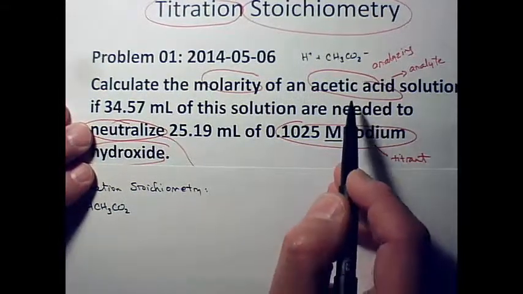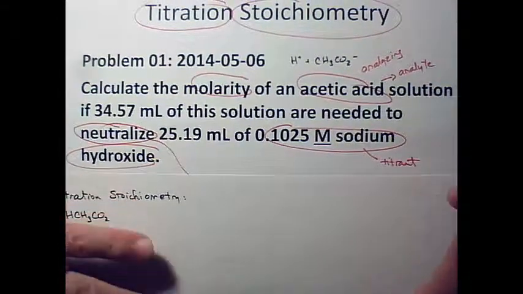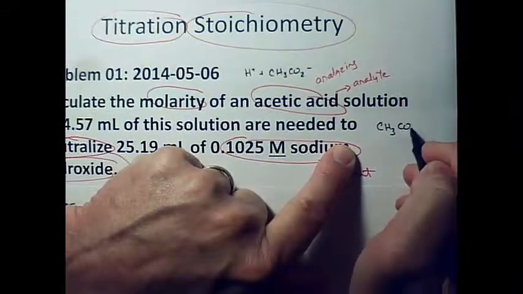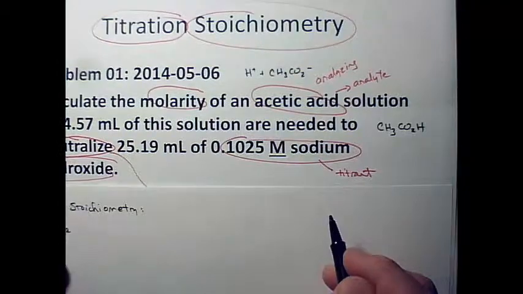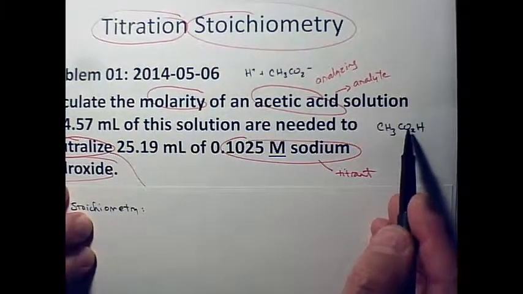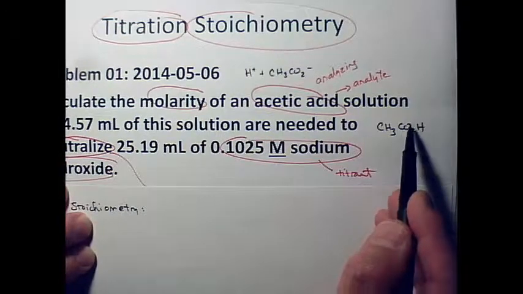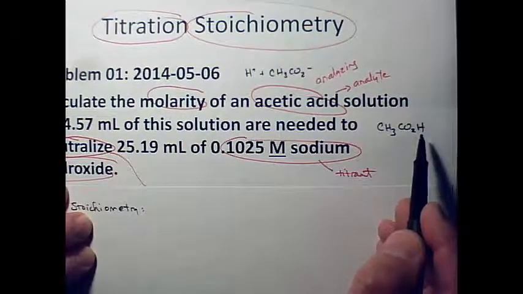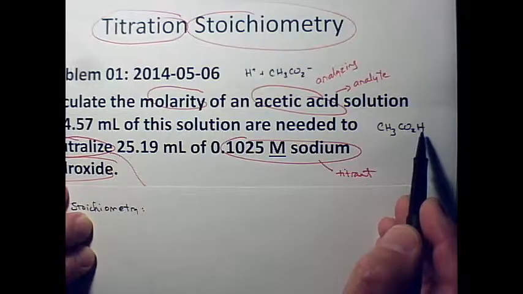We could also write the formula for acetic acid with the hydrogen on the back, because in the structure of an organic acid, the H actually attaches to one of the oxygens on this CO2 group. So if I were writing this as an organic acid, I'd write it that way, and you should know this is the hydrogen that dissociates.